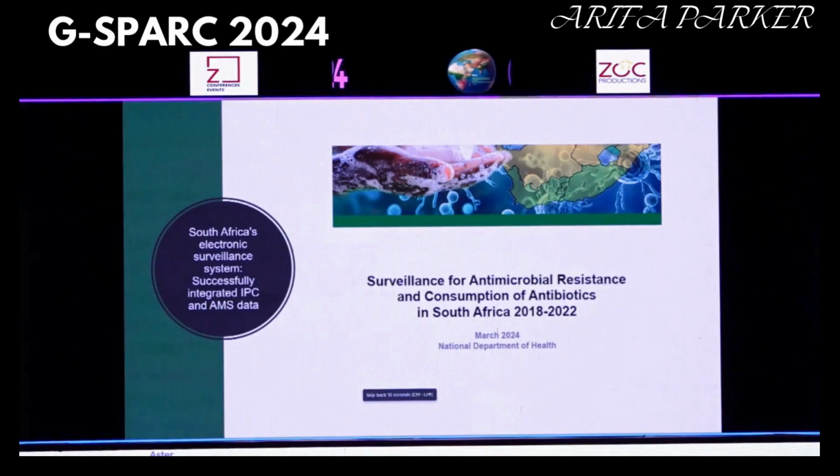So what we want from an integrated surveillance approach is that we combine IPC and AMS data, which will give insights into healthcare-associated infection rates, antimicrobial resistance patterns, and antimicrobial utilization. And I'm going to go through some data from a surveillance report that was done successfully, I think, in South Africa.